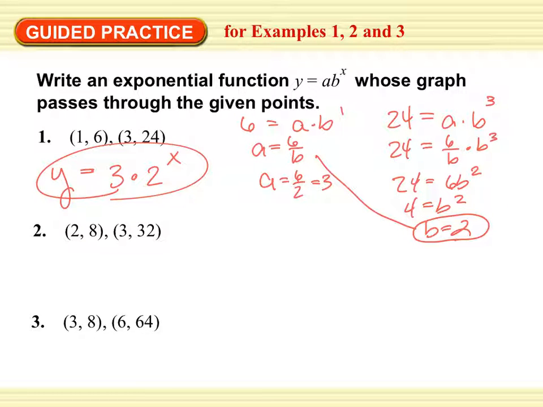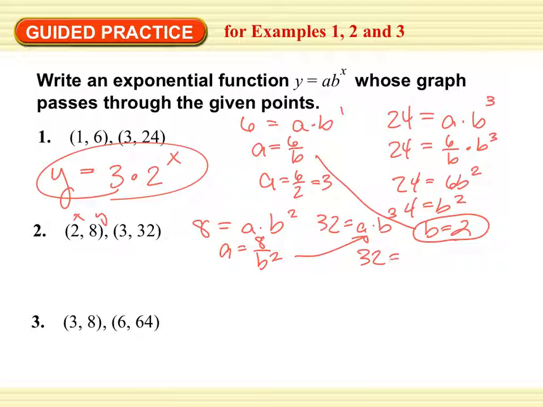Okay, I'm going to try one more. So 8 equals a times b to the second, and 32 equals a times b to the third. a equals 8 over b squared, goes in here. 32 equals 8 over b squared times b cubed.